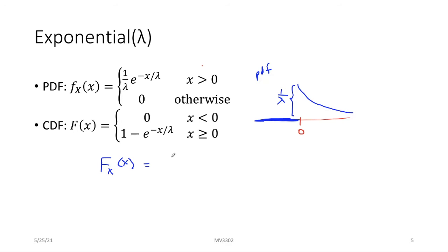The CDF is always defined to be this. Strictly speaking, this is always true. But remember I said the 0 is important, so we can't just plug this expression in.